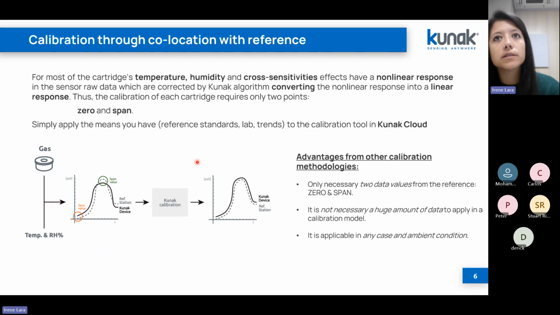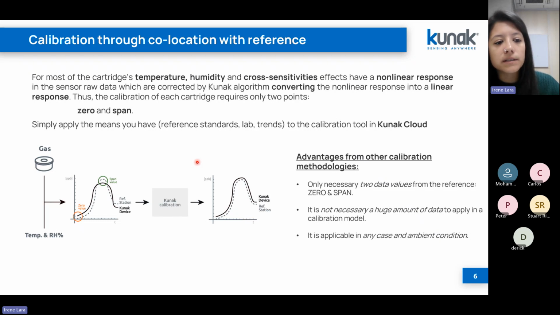As I mentioned at the beginning of the training, most of the sensors are affected by temperature, humidity, and cross sensitivities with other gases. And these effects have a nonlinear response in the sensor. So what we do at Kunak, we have developed an algorithm that converts this nonlinear response into a linear response.